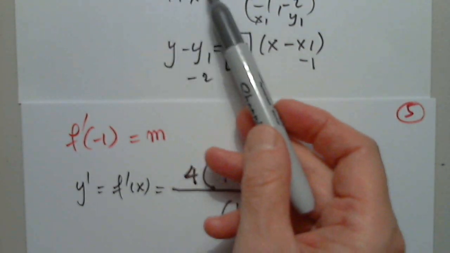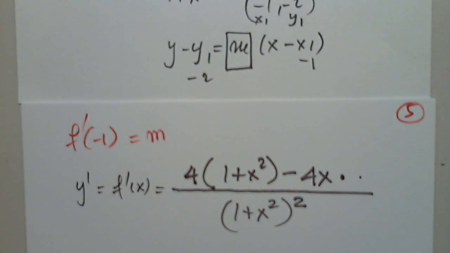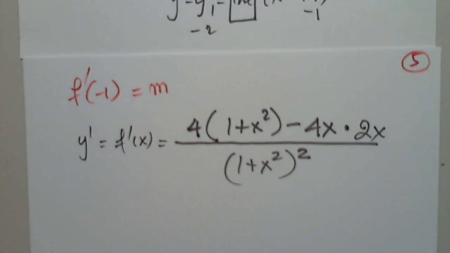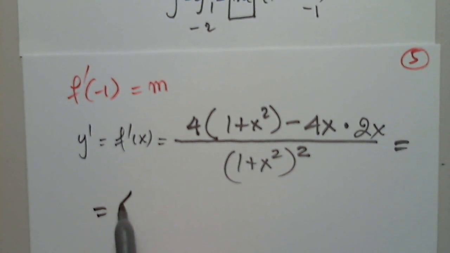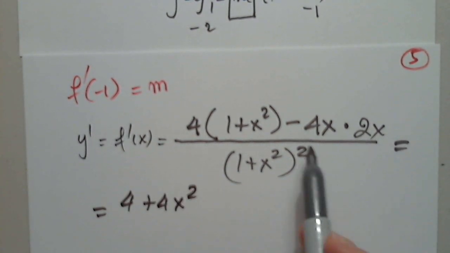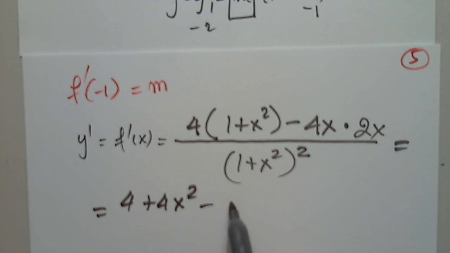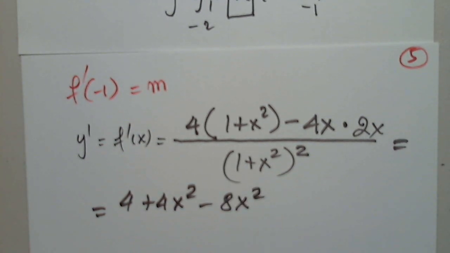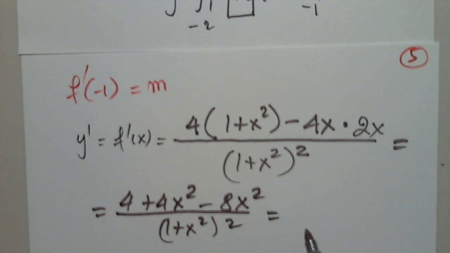Can anyone differentiate the denominator? And I will put it here. 2x. Yes, awesome. I have to distribute: 4 plus 4x squared, but this is minus 8x squared. Perfect. Awesome. Divided by, of course, 1 plus x squared squared.